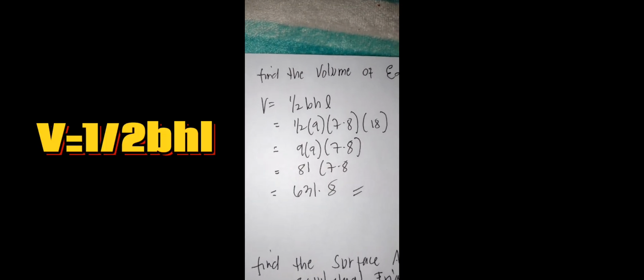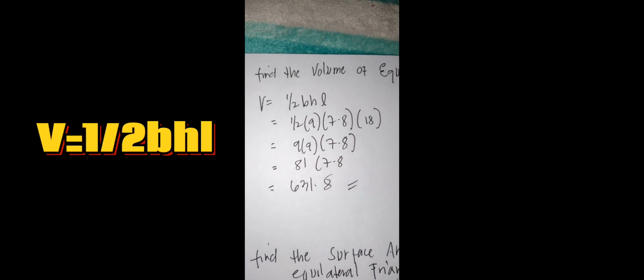Volume is equal to 1/2 base times height times the length, and based on this given image, the value of our B is equal to 9, the value of our H is equal to 7.8, and the value of our length is 18 units. So 1/2 of 18 is equal to 9.